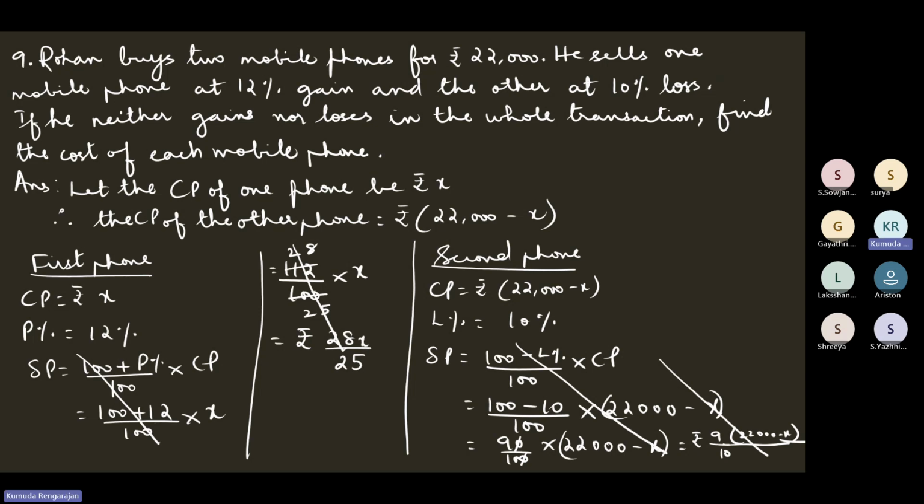So let the CP of one phone be X. The other phone is 22,000 minus X. Profit 12%, loss 10%. He neither gains nor loses. That means whatever he gets as profit from selling the first phone, he loses the same amount on selling the second phone.